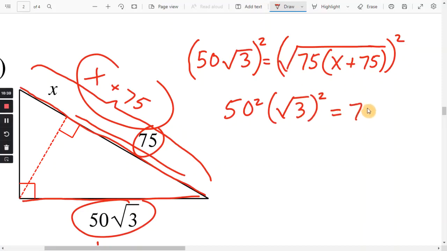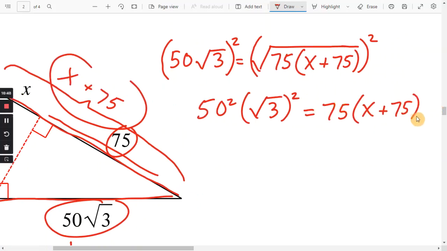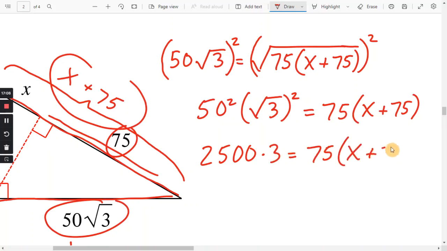So it's going to be 75 times x plus 75. 50 squared, let's see, 5 times 5 is 25, and then you can just add 2 zeros. Radical 3 squared is just 3. And that's going to equal 75 times x plus 75.